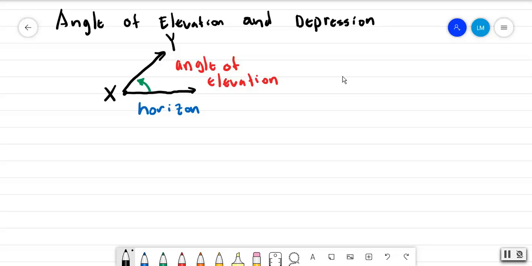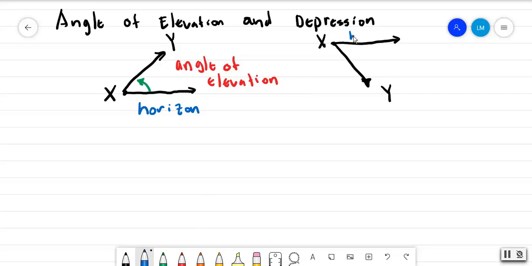So we also have the angle of what we call depression. So let's do it like this. Let's say that we have a ray going in that direction, and then we have another ray going in this direction. We'll call this X, and then we'll call this Y down over here. Now, basically, it's the same exact thing.